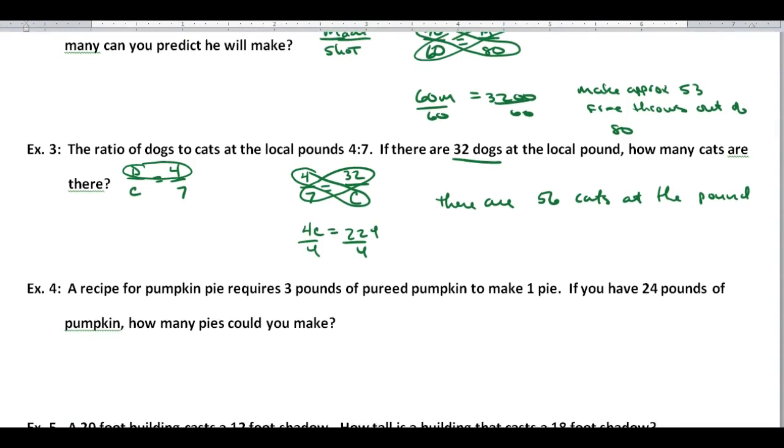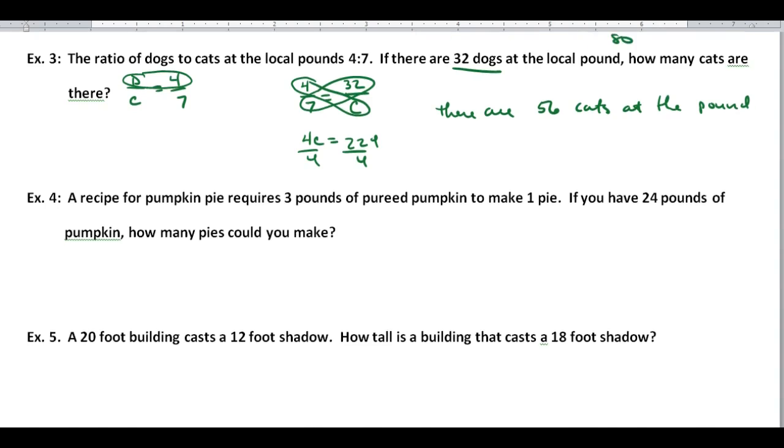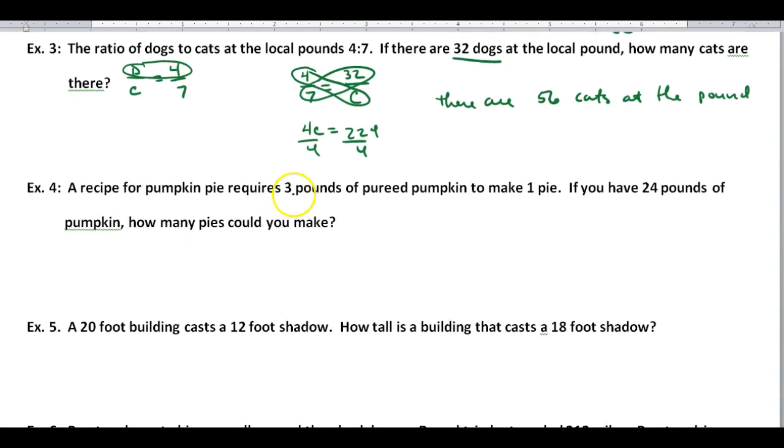Alright, two more examples here. It says, a recipe for pumpkin pie requires 3 pounds of pumpkin to make 1 pie. If you have 24 pounds of pumpkin, how many pies can you make?